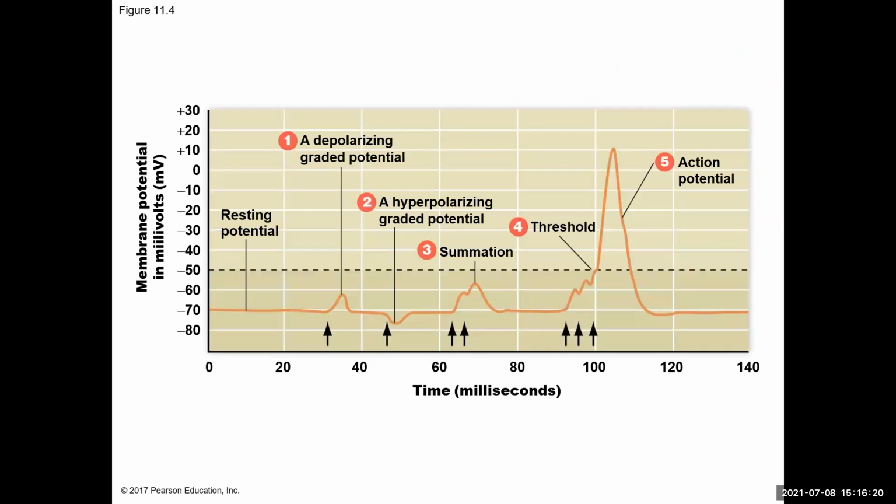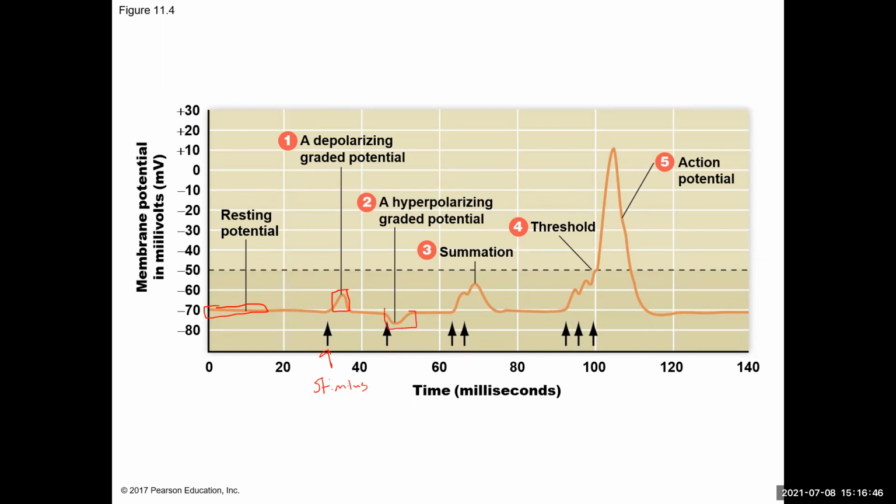So here's a figure looking at these different things that we just talked about. Here's the resting membrane potential of a cell, minus 70. Everywhere you see an arrow is a stimulus. Here you see a depolarization, so becoming more positive. So this is a depolarizing graded potential.